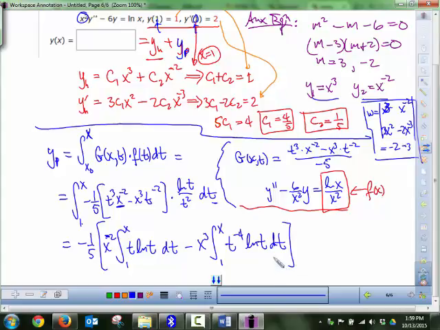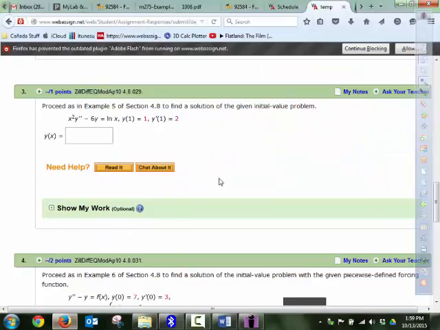So both of these will require integration by parts.